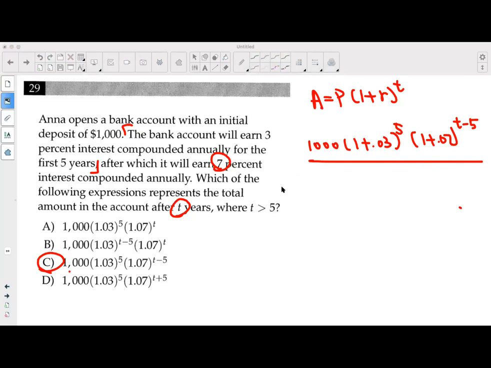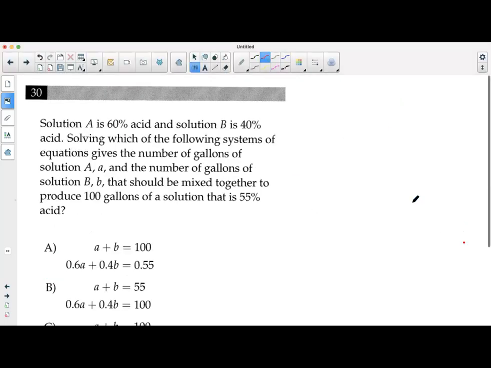Let's go for number 30. Solution A is 60% acid, and solution B is 40% acid.